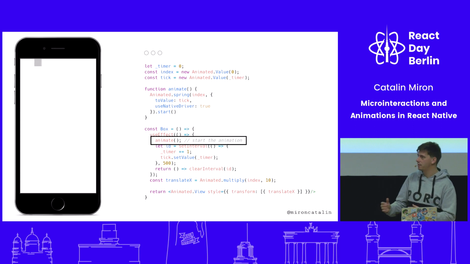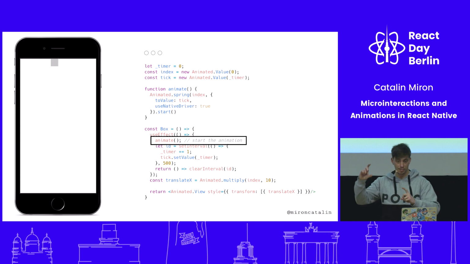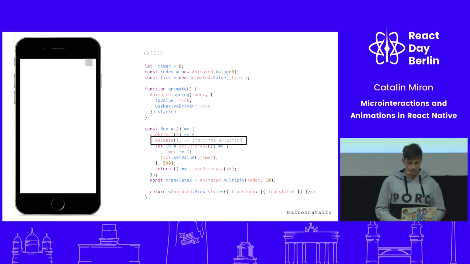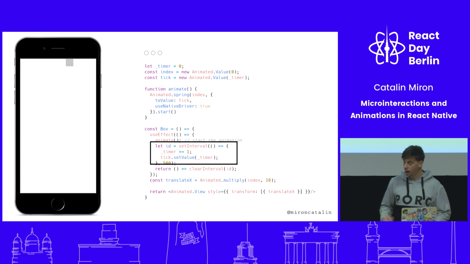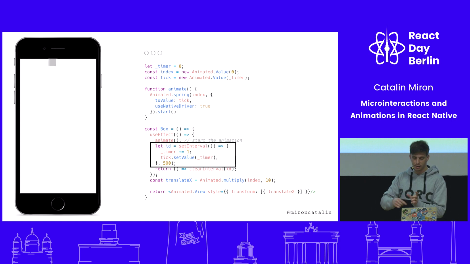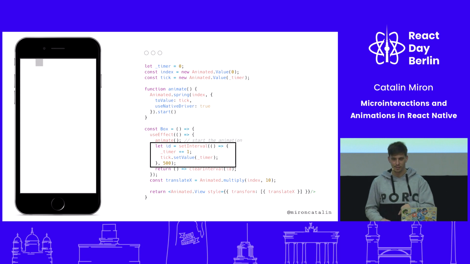And we have this useEffect, right? When the component mounts, I would like to animate, so I map the animation to just start the animation, right? And then after half a second, I'm increasing the timer, and I'm setting the value for the tick to that timer.